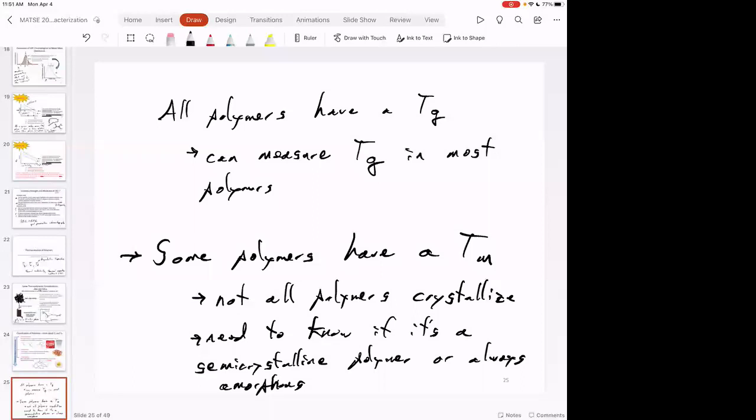There's a really cool example of this. It's polyethylene terephthalate. Does anyone know where we use PET a lot? Yeah, in water bottles. Is polyethylene terephthalate a semicrystalline polymer or an amorphous polymer? You might guess amorphous because why? You look at a water bottle and what is that polymer? It's clear.